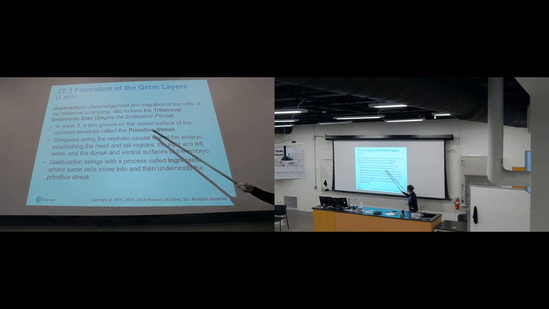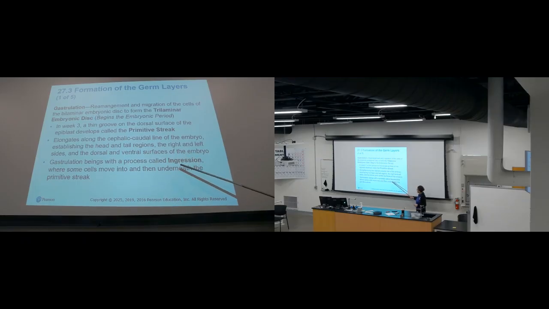This primitive streak is going to extend from head to tail regions, from caudal to cephalic regions, and then it's going to establish the left and the right side of the embryo and the dorsal and the ventral surface.